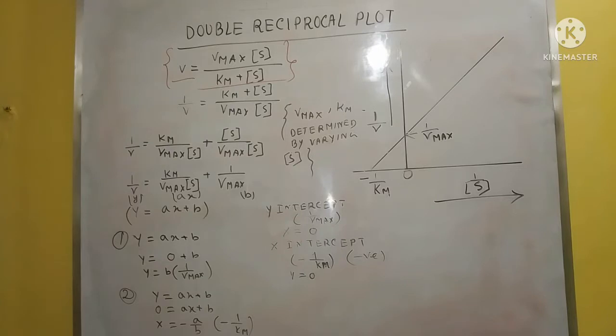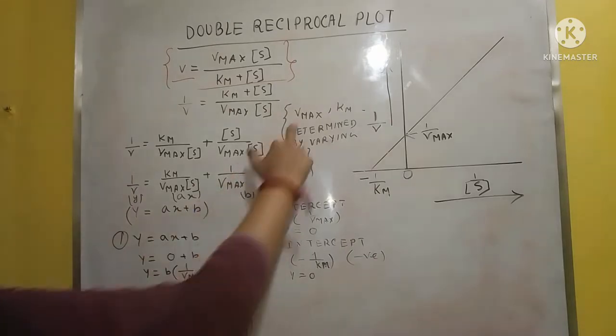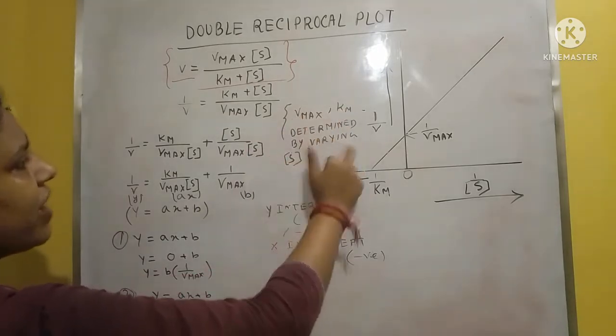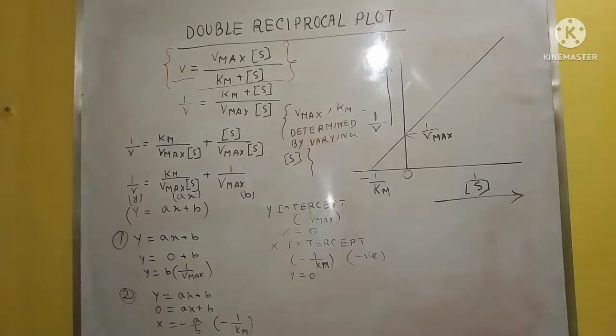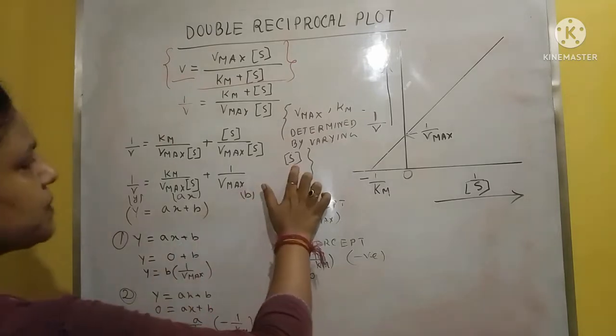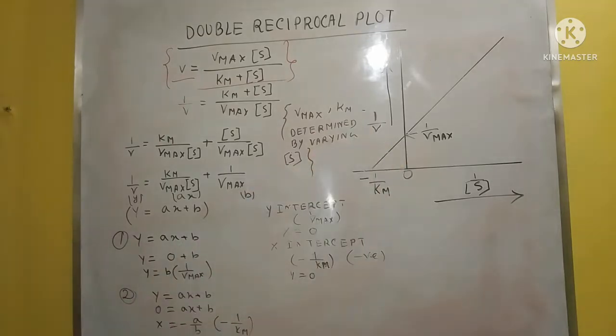And this is the double reciprocal plot, which is another type of topic, because here we learn about Vmax and Km determined by varying substrate concentration. Okay, Vmax and Km. What is the result of Vmax and Km, and what kind of graph can we see here? This is the double reciprocal plot, and here the substrate concentration is varied.